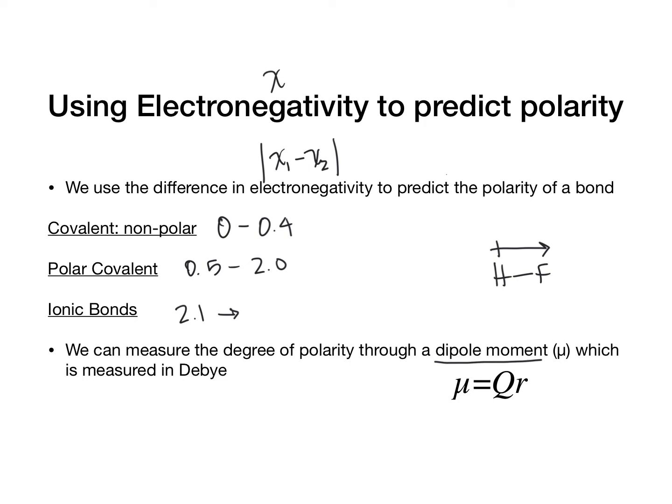And we can measure this in debye, and we can measure that using this equation where mu is the dipole moment, Q is the charge, and R is the bond length.